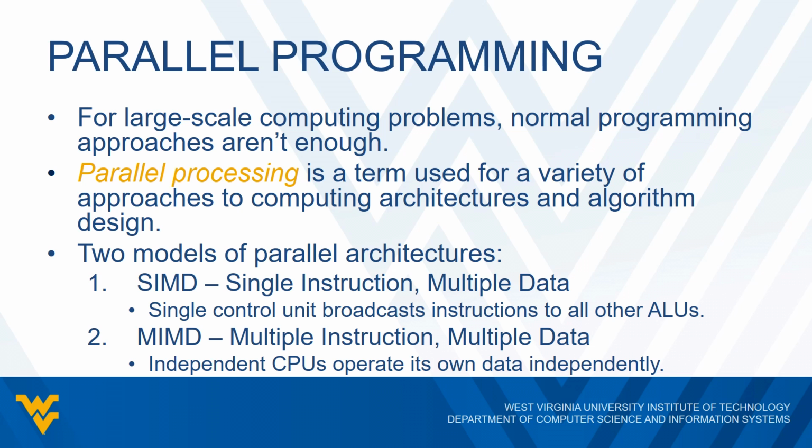The MIMD model actually includes a number of different structures, such as multi-core computing, where you have two or more processors packaged together on a single integrated circuit. Most of your computers are probably now either dual core or quad core. There's also cluster computing, where we have independent systems such as mainframes, desktops, or laptops that are all connected by a local area network like Ethernet, or a wide area network.